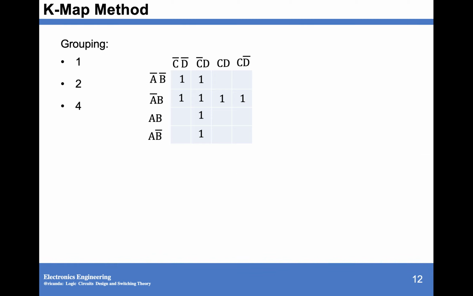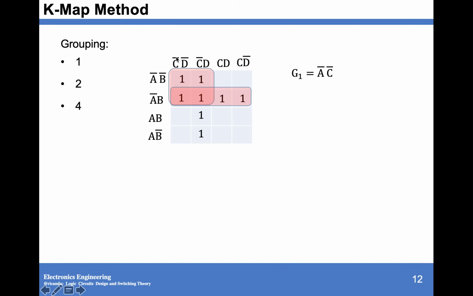So back to this example. This is our first group. We have two columns and two rows. Between two rows, row 1 and row 2, we have E bar. Columns 1 and 2, that is C bar. So we have E bar, C bar. For the second group, we have E bar B as common, and we go from column 1 to column 4.